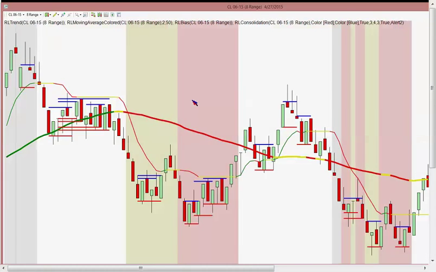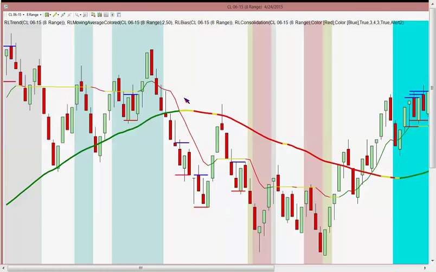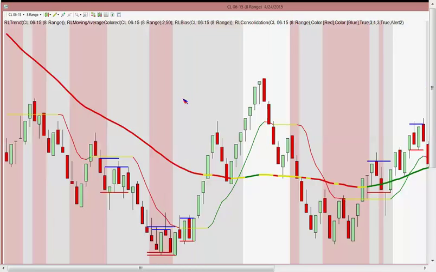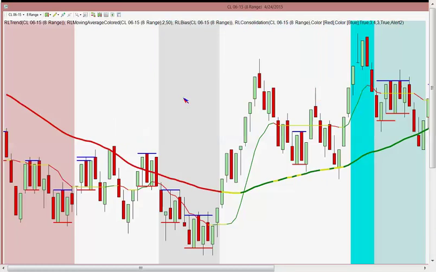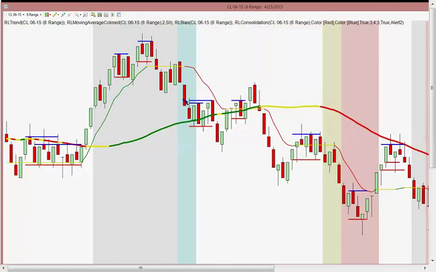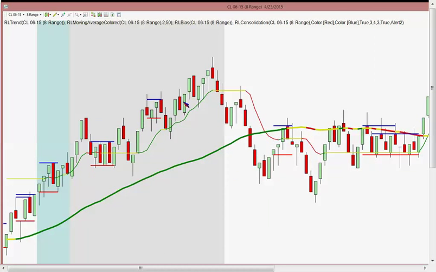Conversely, obviously crude's been falling lately, and I'm using the crude chart here. This green is when price action and market structure are moving to the upside.